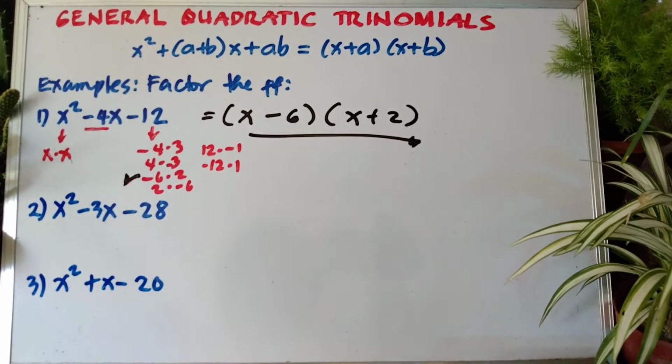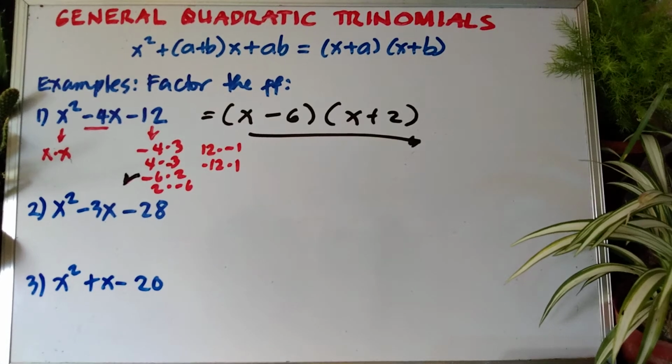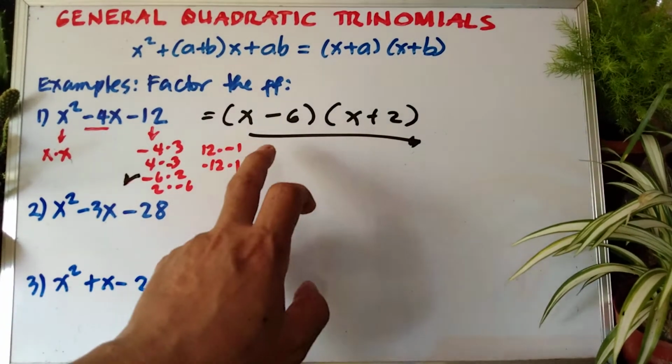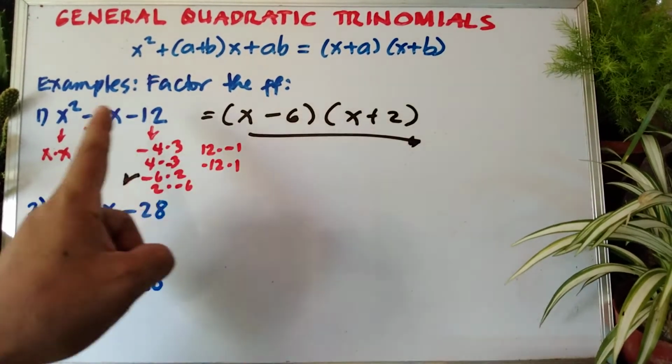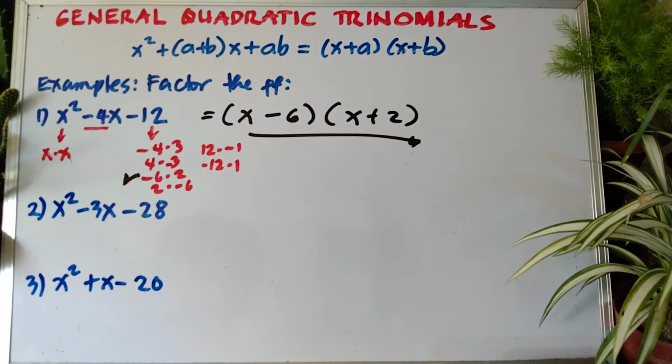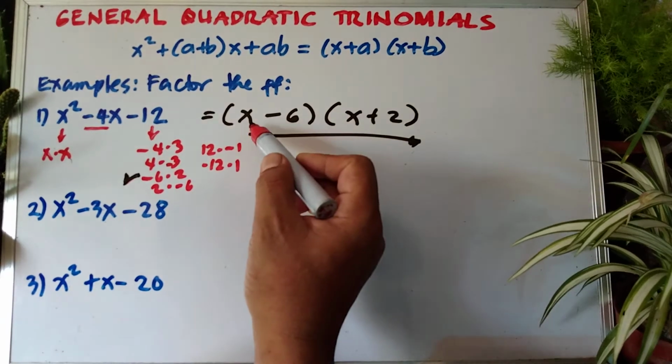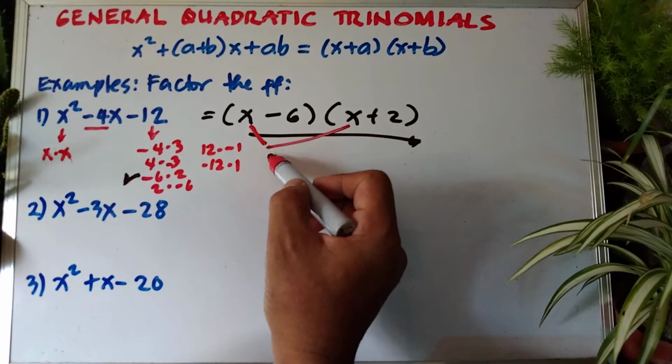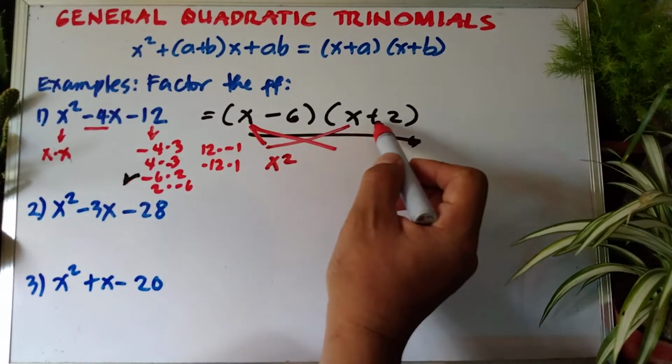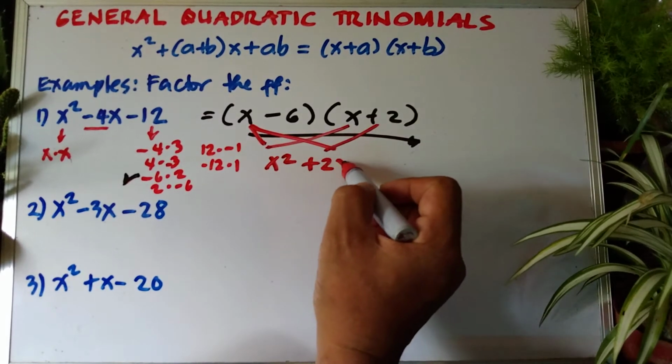Now, if you're going to check, you can use the FOIL method or whatever ways of multiplying two binomials. If we check, x times x, you have x squared. x times positive 2, so plus 2x.